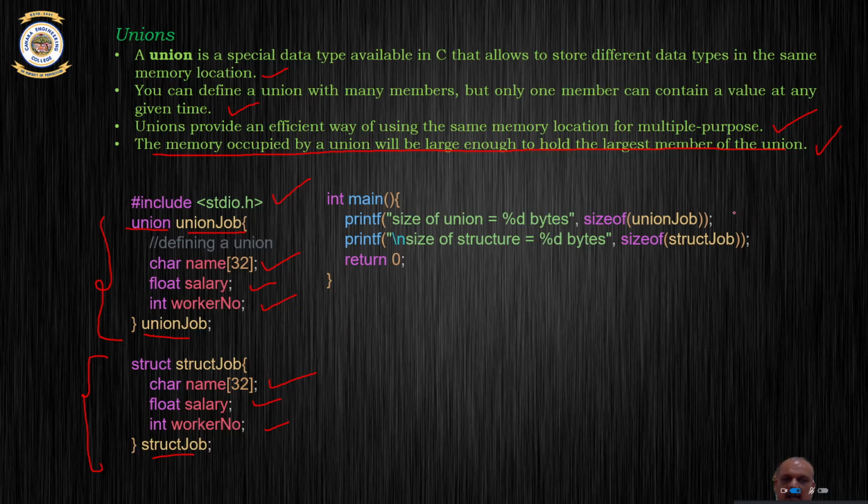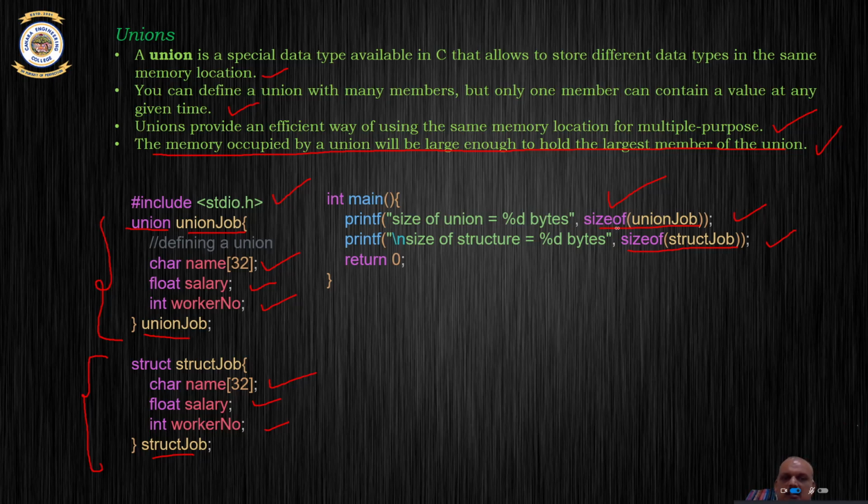Using these two declarations and definitions of union and structure, let me print out the size of the memory required to store information in the union and in the structure. Mind you, the sizeof operator can be used on data types. Similarly, you can find out how much memory is required to store an integer by just giving sizeof integer.